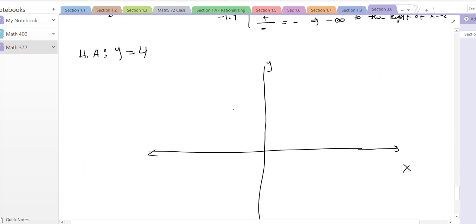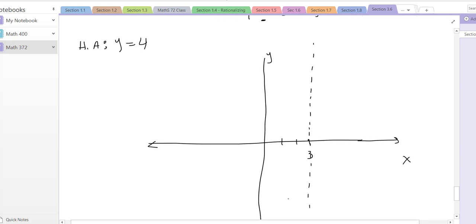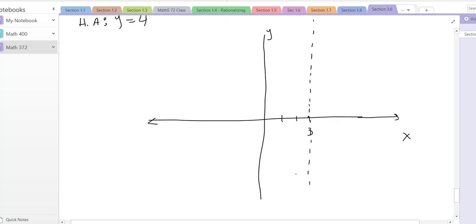So we go to x equals 3, 1, 2, 3, and I have a vertical asymptote there. And we always draw asymptotes as dotted lines. And our other vertical asymptote is at x equals negative 2, right? These are vertical lines, so they're x equals.